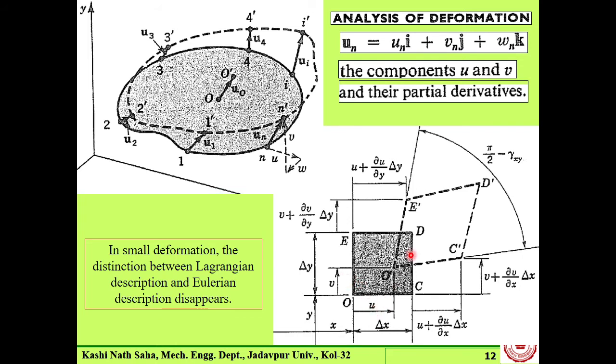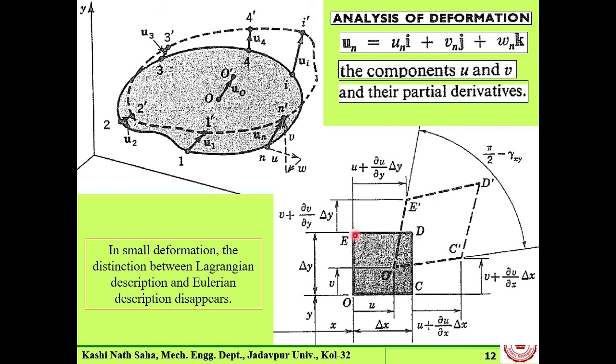What is the displacement field of D there? This is u, and the variation of u along x is del u del x into delta x, right? Then for this point D, what is the displacement there?